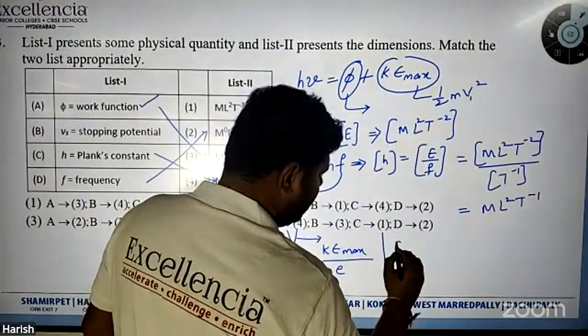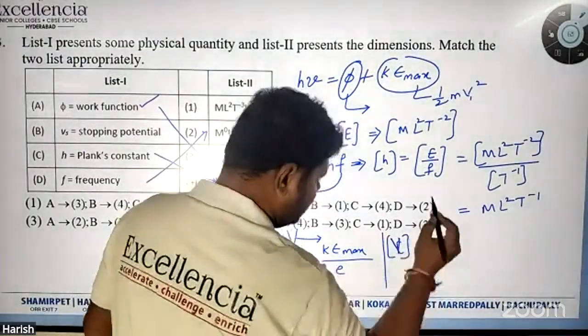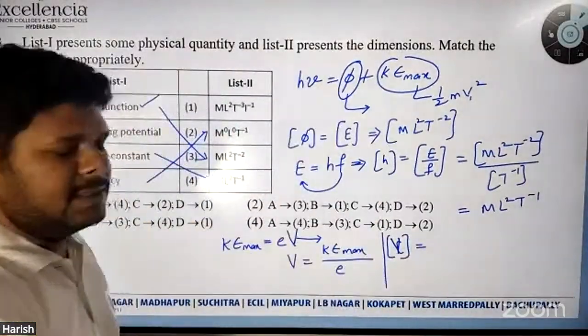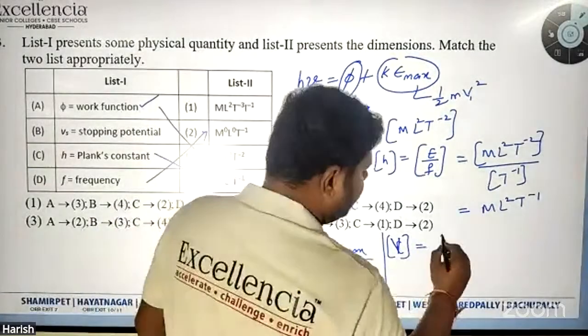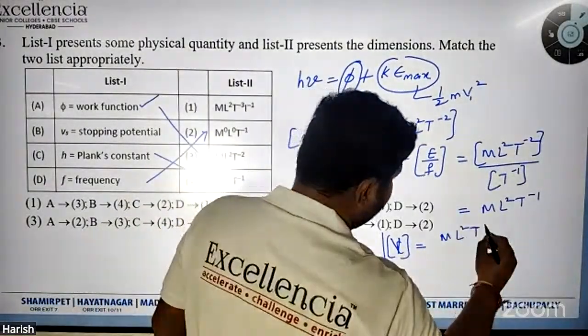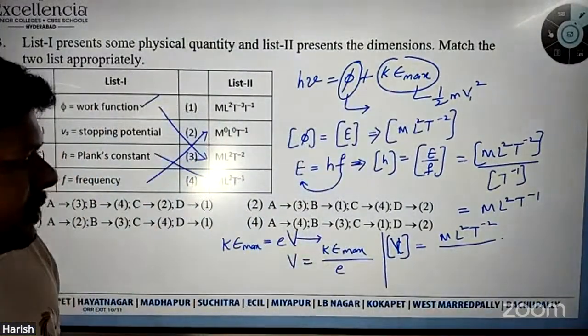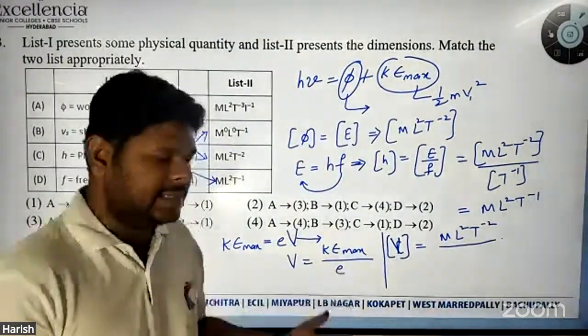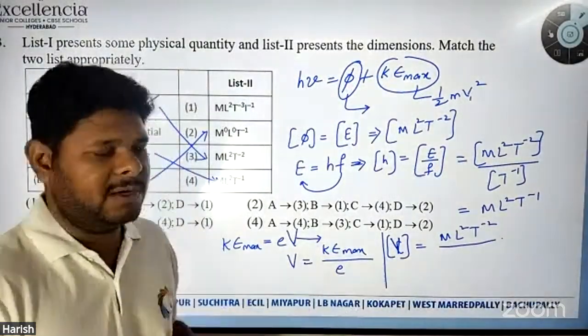So the dimensional formula of V is equal to, already we got the dimensional formula of kinetic energy, which is energy, M L square T power of minus 2, divided by e. e is nothing but the charge of an electron. But charge is not a fundamental quantity, whereas current is a fundamental quantity.